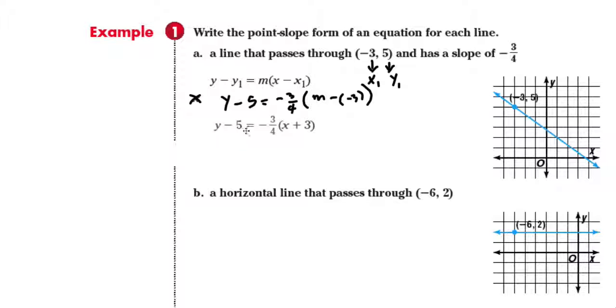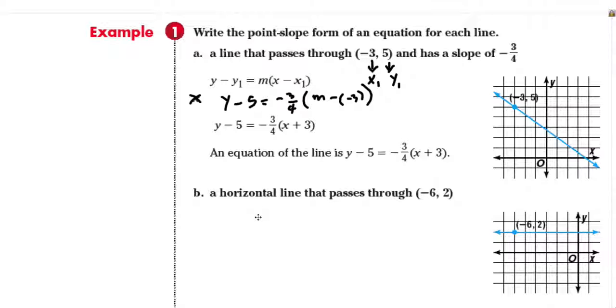So you end up with y minus 5 equals negative 3/4 times the quantity x plus 3. That is now the equation of this line, which passes through negative 3, 5 and has a slope of negative 3/4.